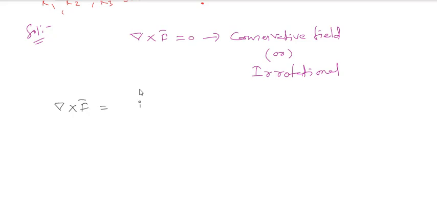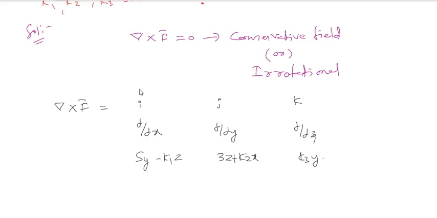So it is i, j and k; dou by dou x, dou by dou y, dou by dou z; then 5y minus k1z, 3z plus k2x, k3y minus 4x. You have to make this equal to 0.